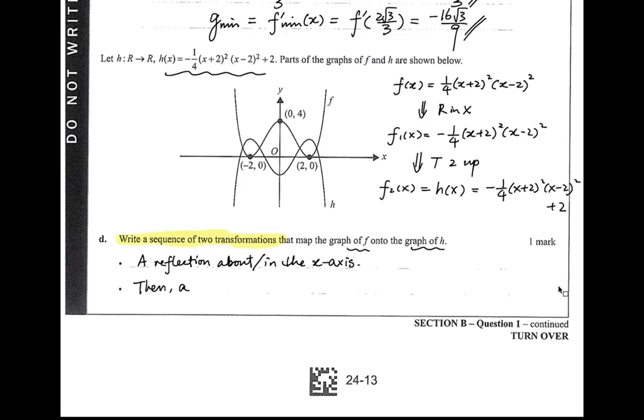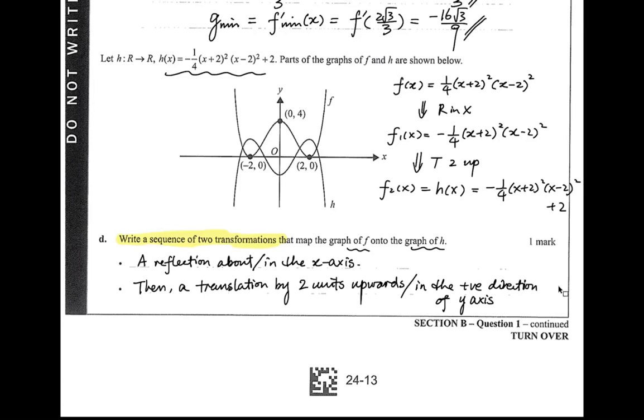Then a translation by 2 units upwards. Or you can say in the positive direction of y-axis. Okay? This is one possible sequence of 2 transformations.